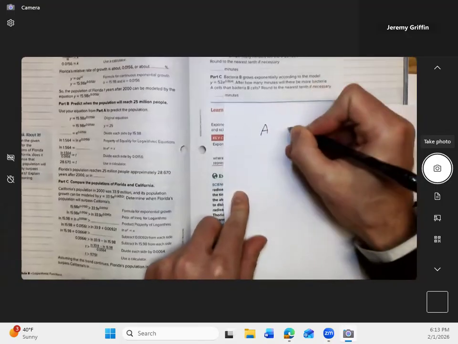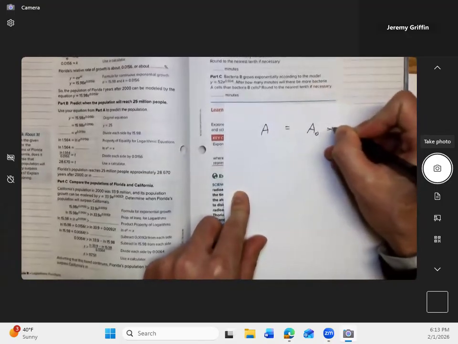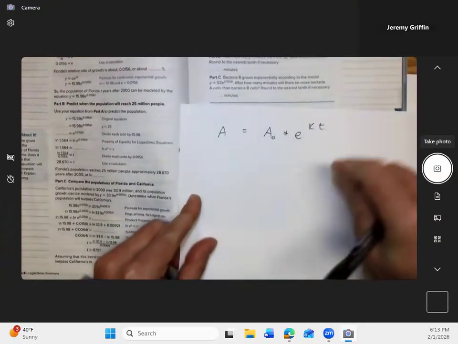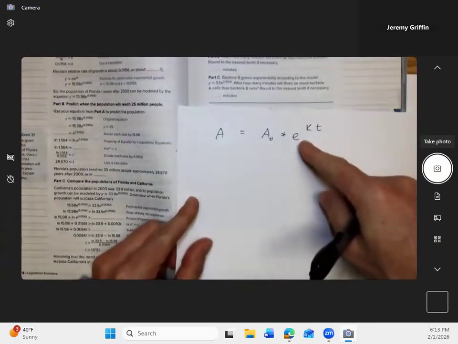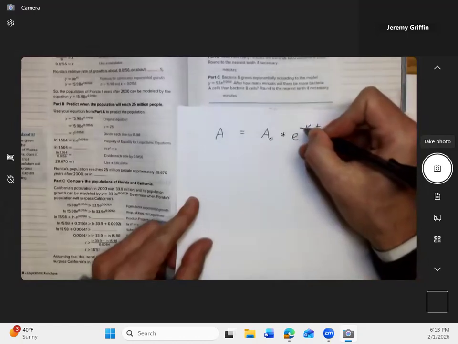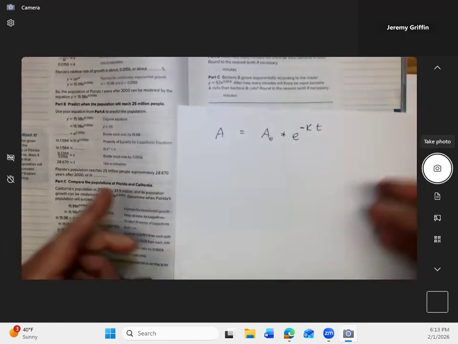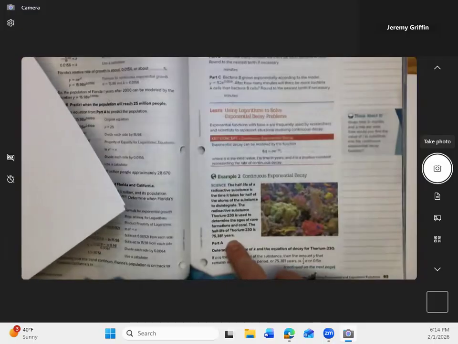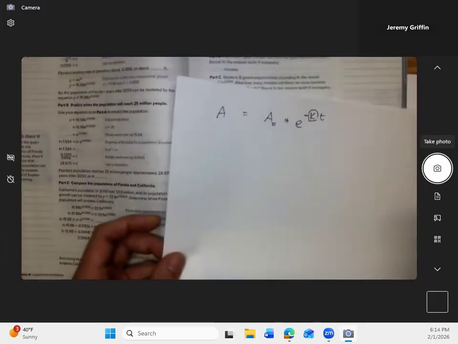So I'll say the amount is equal to the original amount times e to the kt, or at least that's what I have been using. If I run this, I'll get a negative value for k. If you slap your own negative in there, you'll get a positive value, whatever. We have to chase down k. They just told us the half-life is 75,000-some years.